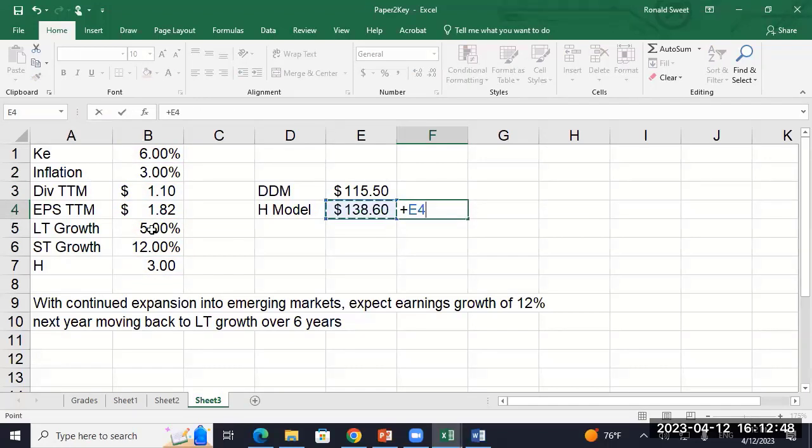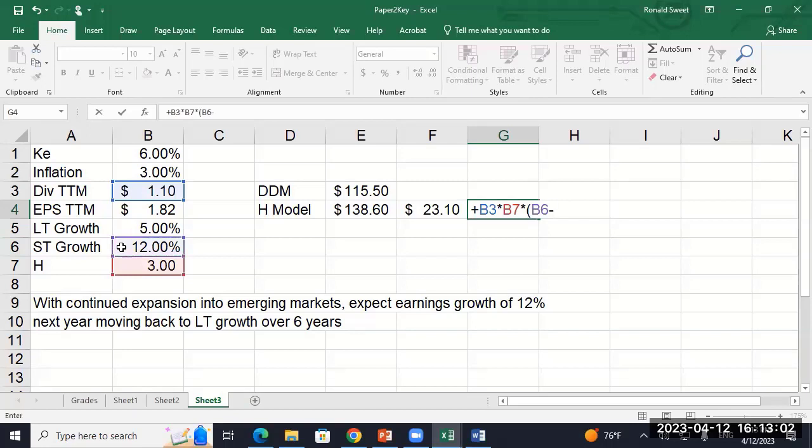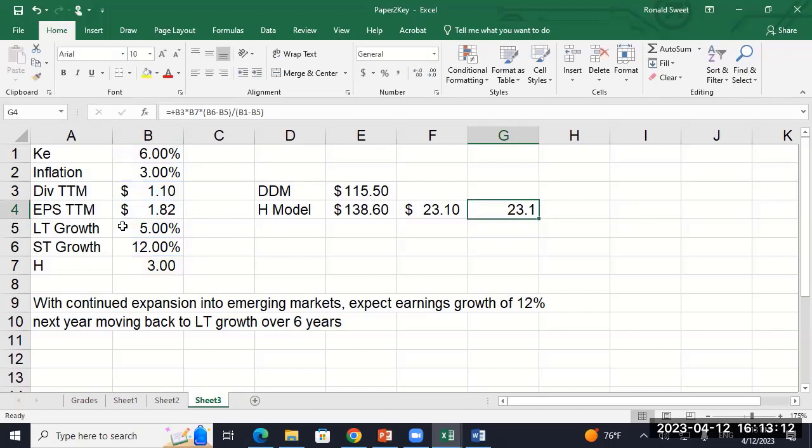The difference in those two is 2310. What should that be? Well, it's that second part of the equation: dividend 0 times H times short-term growth minus long-term growth, divided by KE minus long-term growth. 2310. So you can double check and make sure you got that.